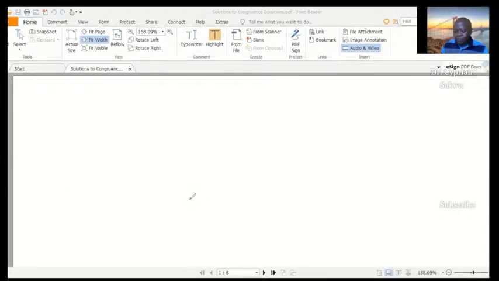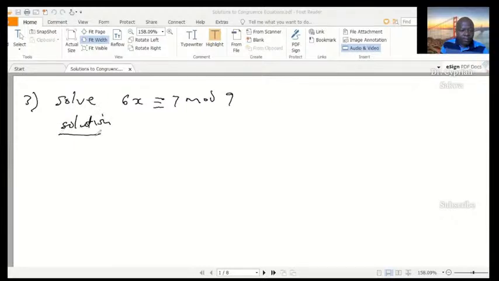We want to look at another example, slightly different from the ones we've looked at. So this is example 3. Solve 6x congruent to 7 mod 9. So I want to do this solution. First, I find the GCD of 6 and 9, and this is 3.